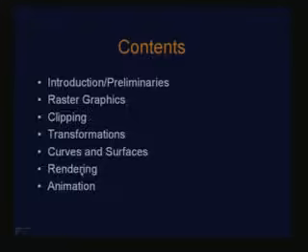Okay. And then we have rendering, which is how do we display the models, and then possibly looking at the movement of those models. Right. That is what gets captured in animation.